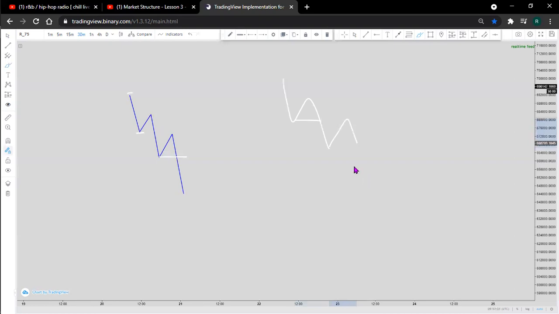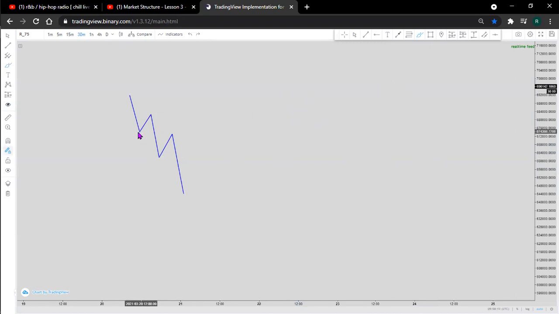But if it pulls back and breaks a low again, this is showing you a clean indication that momentum has now switched to the downside, or momentum is continuing to the downside, depending on whether you're trading a reversal on a market or you're trading a continuation of a bearish trend.